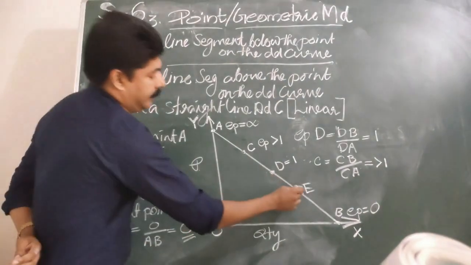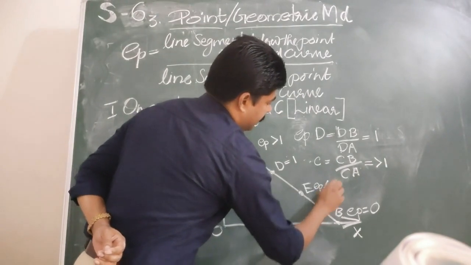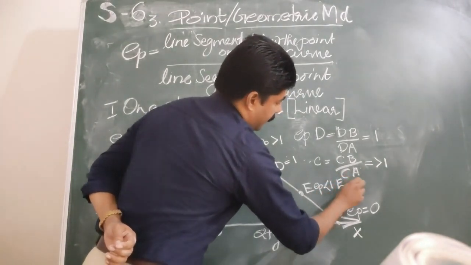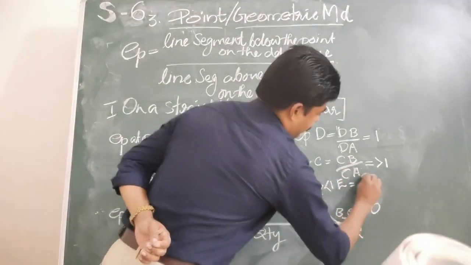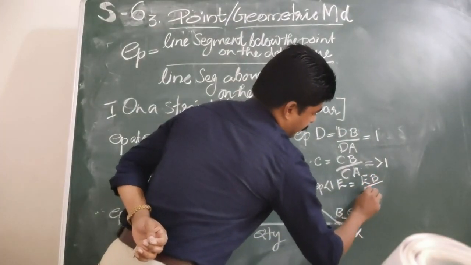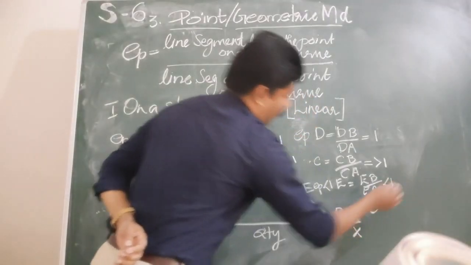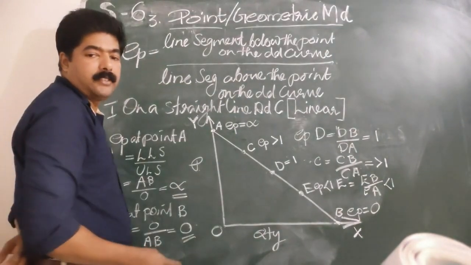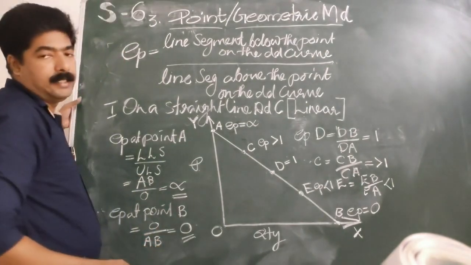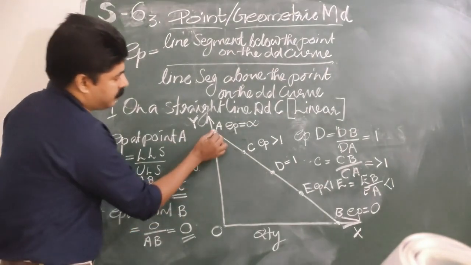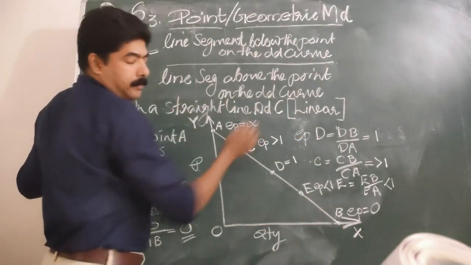In the same way, at point E the value is less than 1. How? EB upon EA. So the value is less than 1. So in a single diagram, we have seen all 5 elasticities using a straight line demand curve, in a linear demand curve.